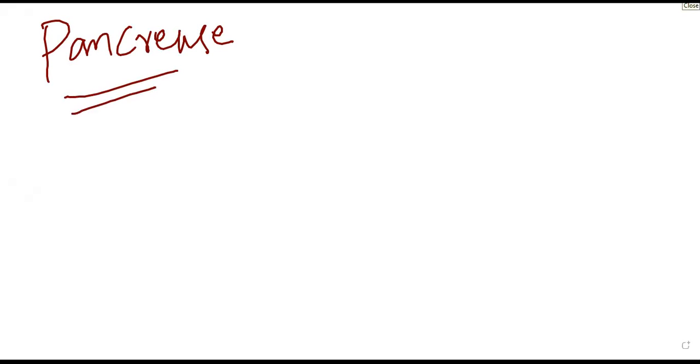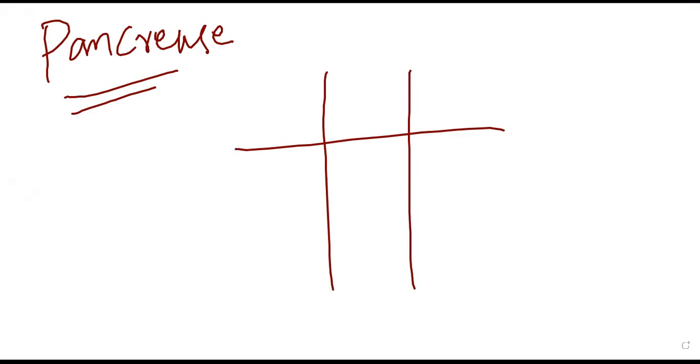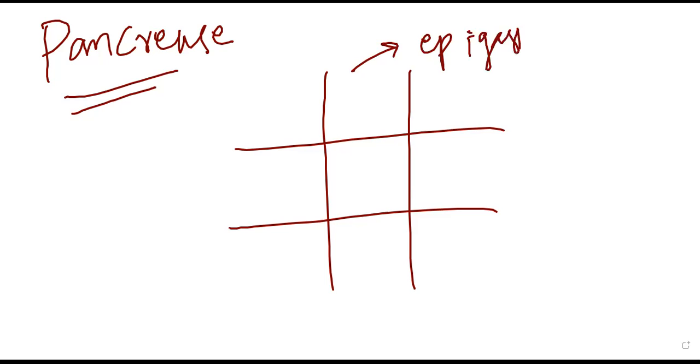Pancreas, an elongated leaf-like structure, is present in the epigastric and left upper quadrant on the posterior abdominal wall behind the stomach. These are 9 regions of the abdominal cavity, and pancreas is present in the epigastric region.